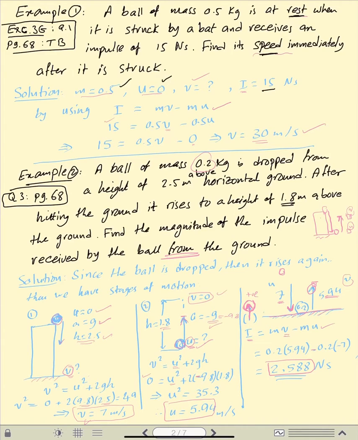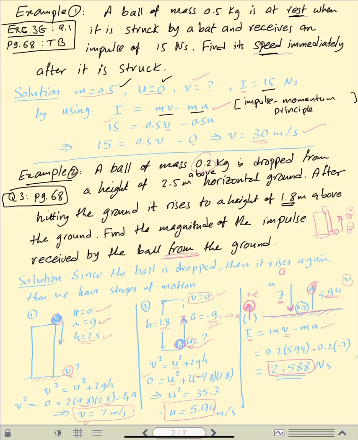By writing the formula of the impulse momentum principle, I is equal to mv minus mu, the impulse is the change in momentum.